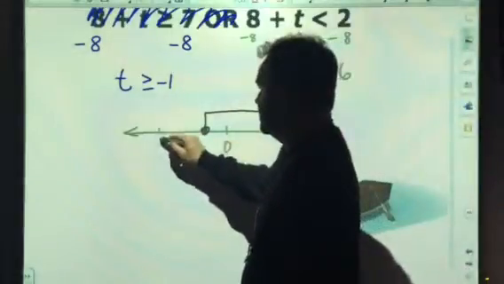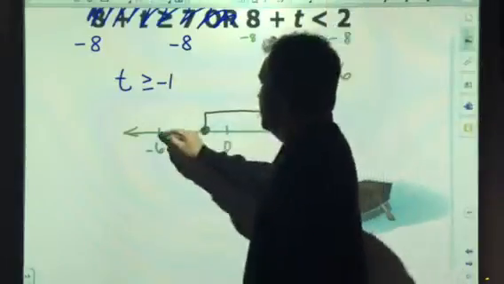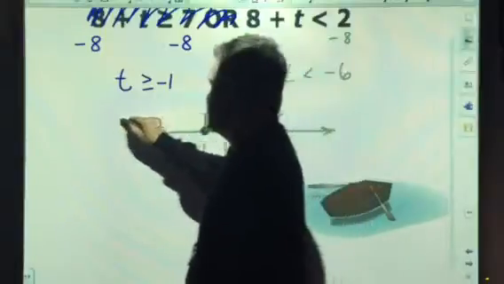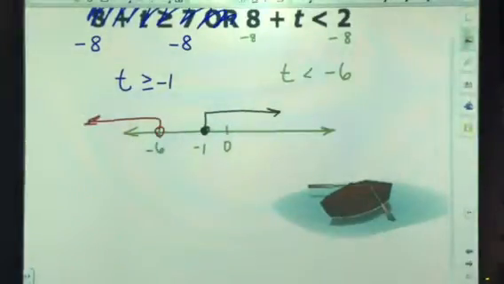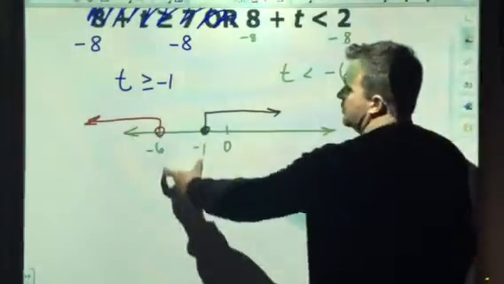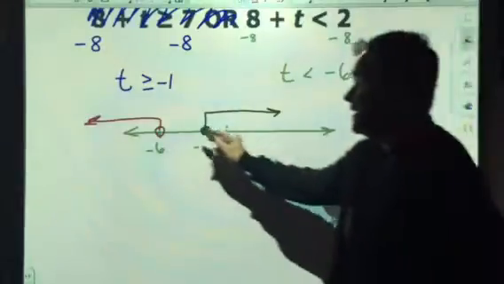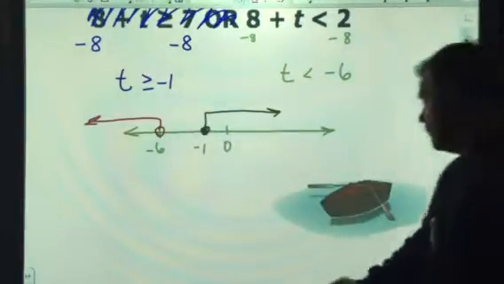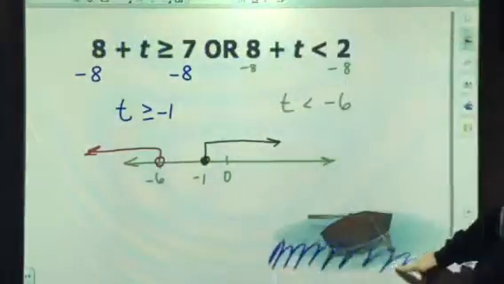So -6 is back here somewhere. This one is an open circle, and an arrow is going to go to the left. Notice that what happens here is it excludes a certain range of numbers. So anything in here will not work to meet both of those requirements.